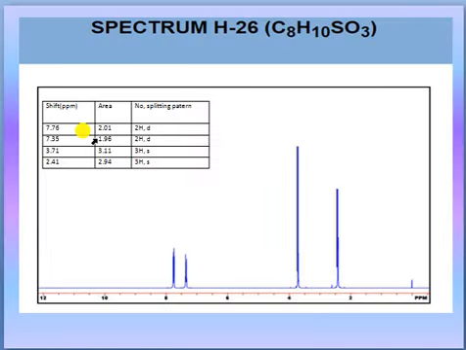Value of the protons, see 3.75. We know that the methoxy protons come around there only, 3.75, and the toluene methyl proton comes at 2.345. If the opposite side of the benzene ring is attached to an electron withdrawing group, a sulfate group, then it will shift a little bit more.